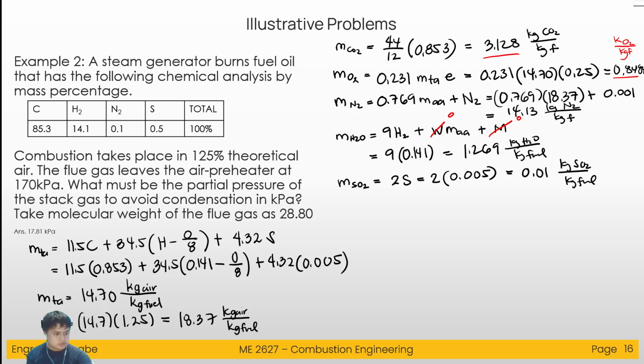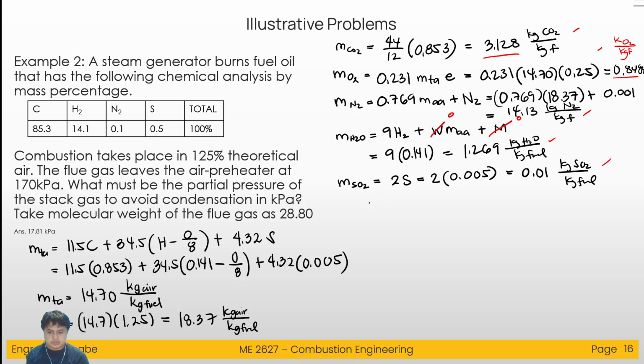Okay, so let me just check this. Okay, just verifying if we are correct. Okay, we are getting this, no? So the next one we have to do is again convert this mass basis into its volumetric basis. So we have five compounds.